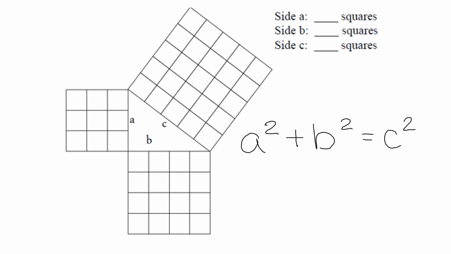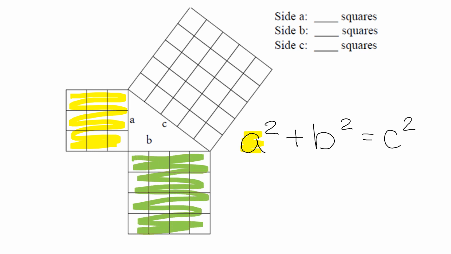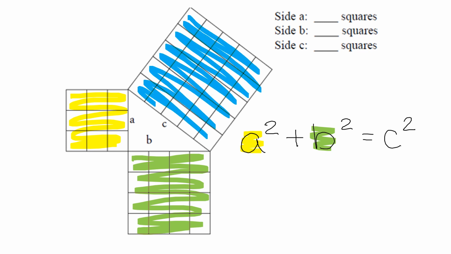So we are going to prove that our square for side A plus our square for side B will equal our whole entire square C. So we're going to prove this both visually and mathematically.